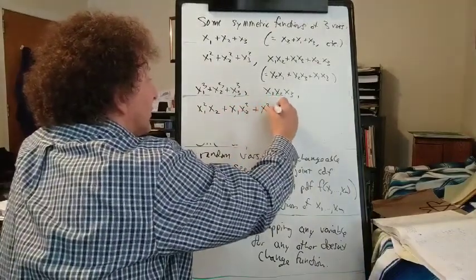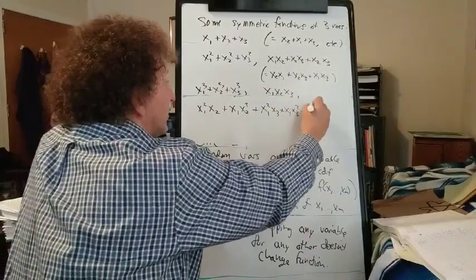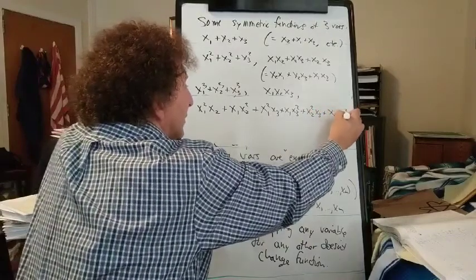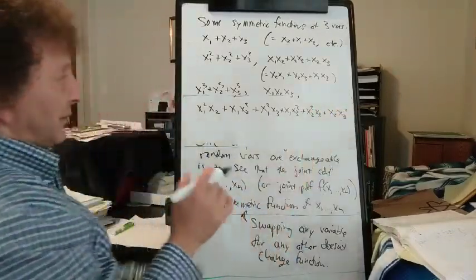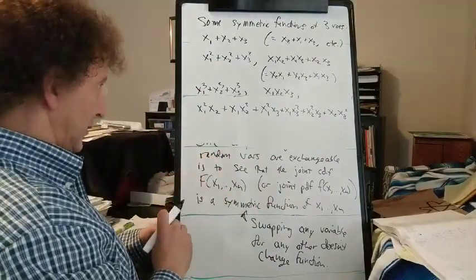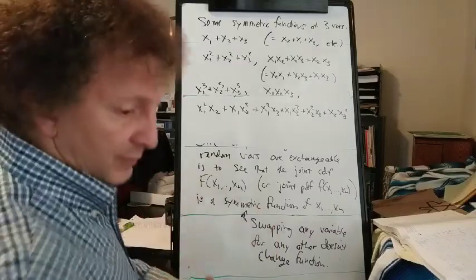So x1 squared x3 plus x1 x3 squared plus x2 squared x3 plus x2 x3 squared. You can see that all the variables enter into this formula in exactly the same way. So if we were to swap all of the x1s with x2s, we would get the same function back.